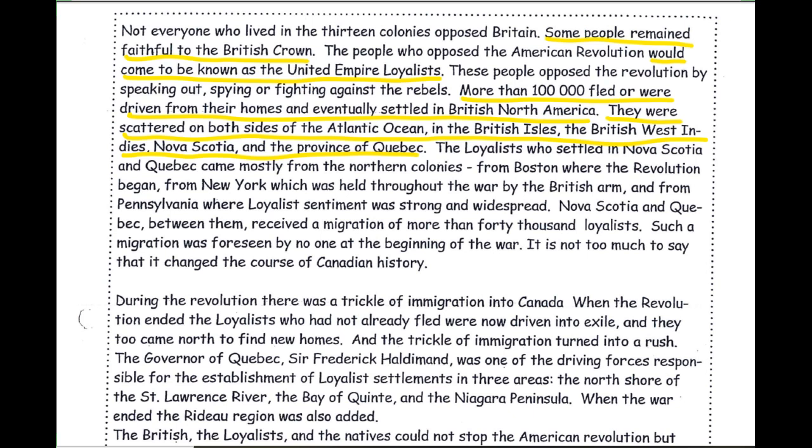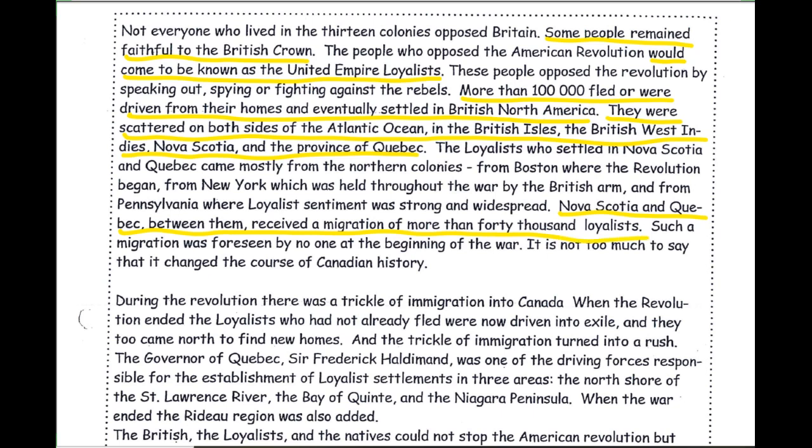The Loyalists who settled in Nova Scotia and Quebec came mostly from the northern colonies: from Boston, where the Revolution began, from New York, which was held throughout the war by the British Army, and from Pennsylvania, where Loyalist settlement was strong and widespread. Nova Scotia and Quebec, between them, received a migration of more than 40,000 Loyalists.